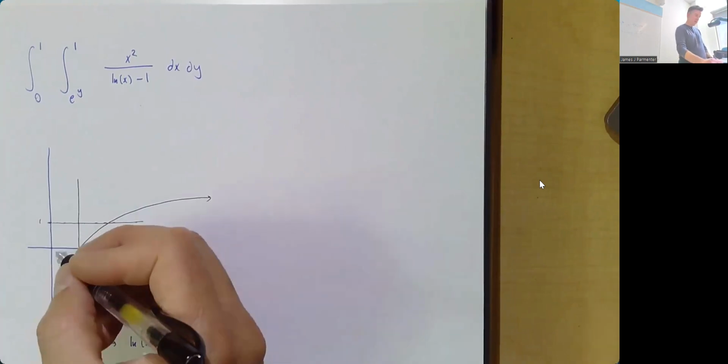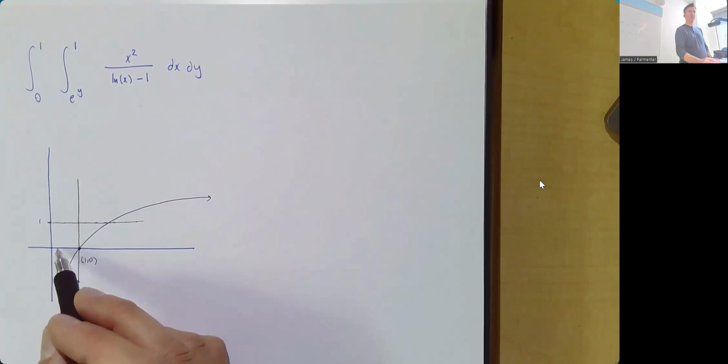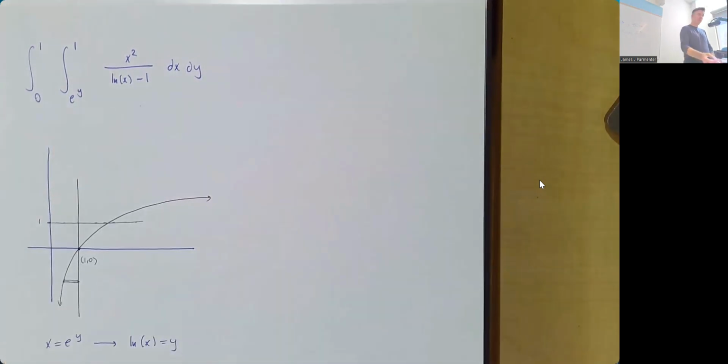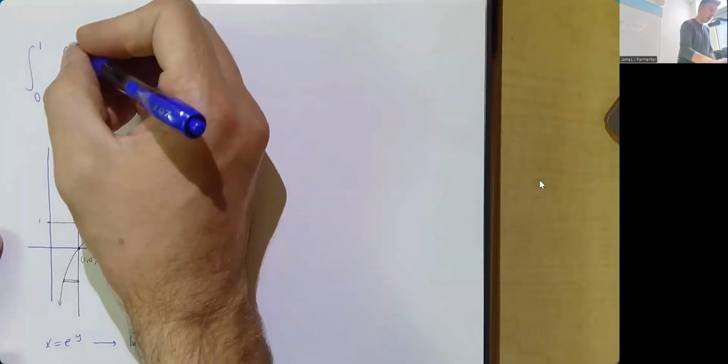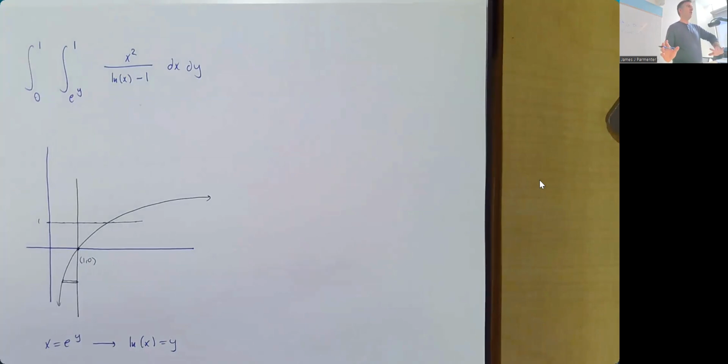So I have to be between y equals 0 and y equals 1, but my functions are out of order, because my left one should be y and my right one should be 1. I don't think it would normally be written this way, but if it was for some reason, I would fix it by changing the order of the limits. If you happen to see something like that, this is how you could fix it.